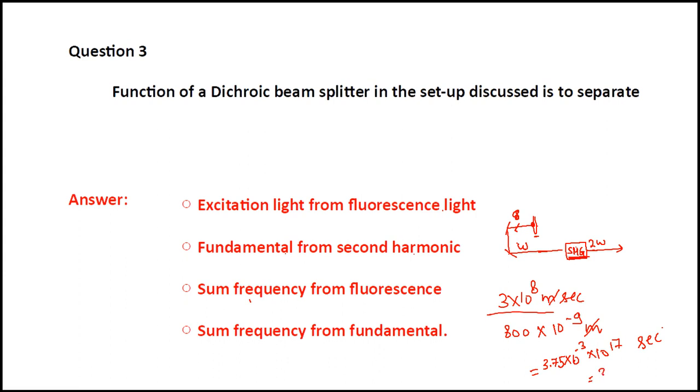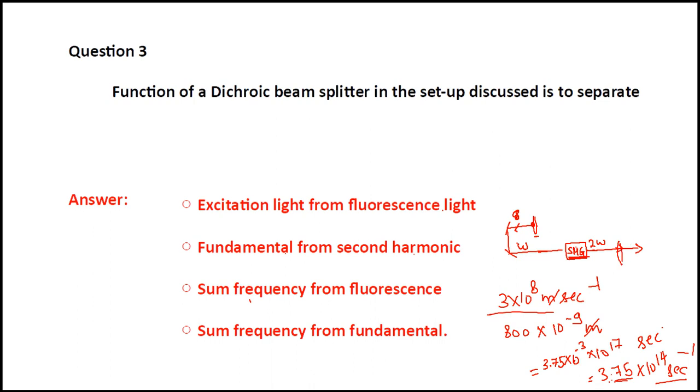So it will be 3.75 into 10 to the power 14 second inverse. So this is somewhere the frequency. The frequency will be double, the double of this value, and then we pass it through this SHG.